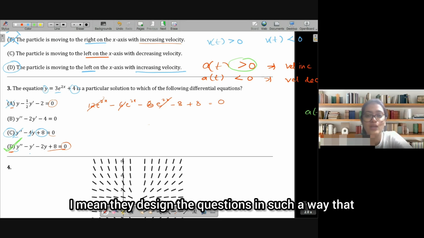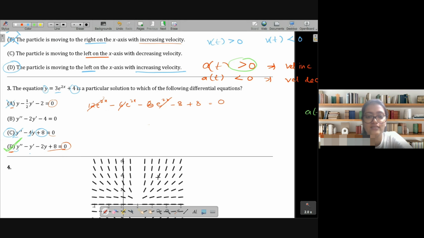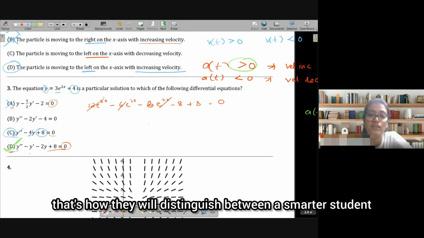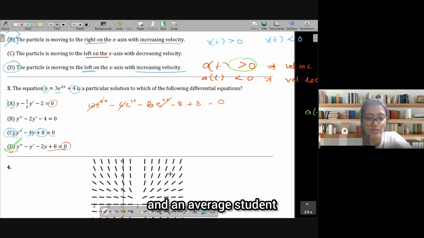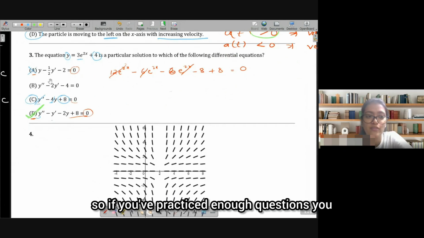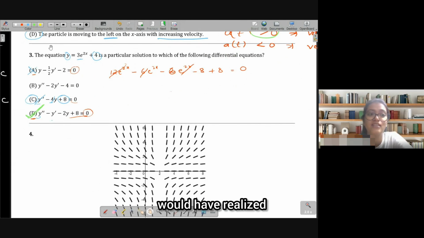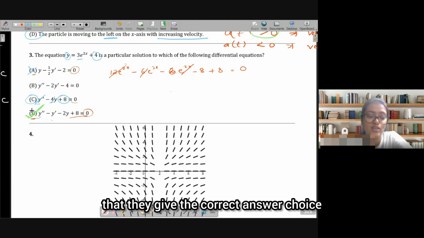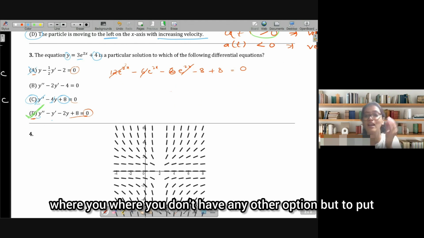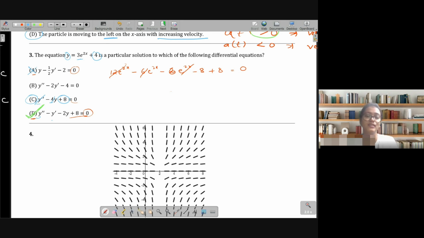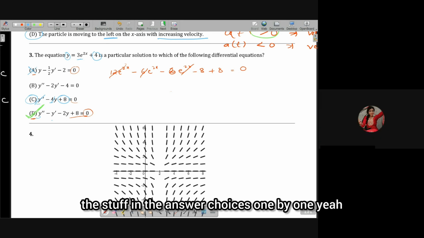I mean, they design the questions in such a way that it takes you maximum amount of time. That's how they will distinguish between a smarter student and an average student. So if you've practiced enough questions, you would have realized that they give the correct answer choice indeed, especially in those questions where you don't have any other option but to put the stuff in the answer choices one by one.